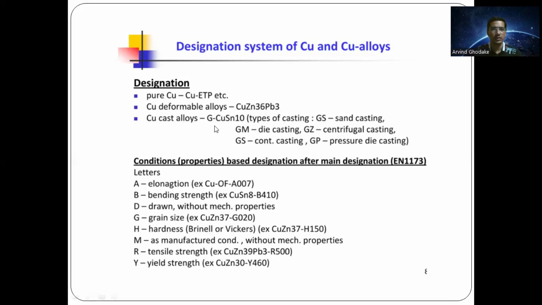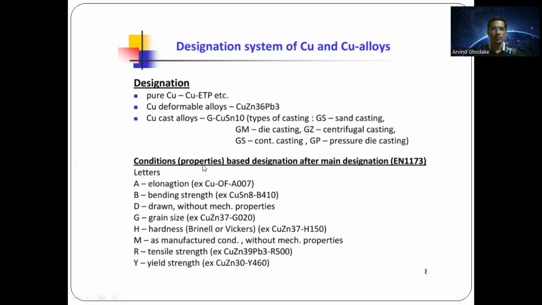Copper cast alloys are denoted by G-CuSn10, where the letter gives the type of casting: GS stands for sand casting, GM for die casting, GZ for centrifugal casting, GC for constant casting, and GP for pressure die casting.